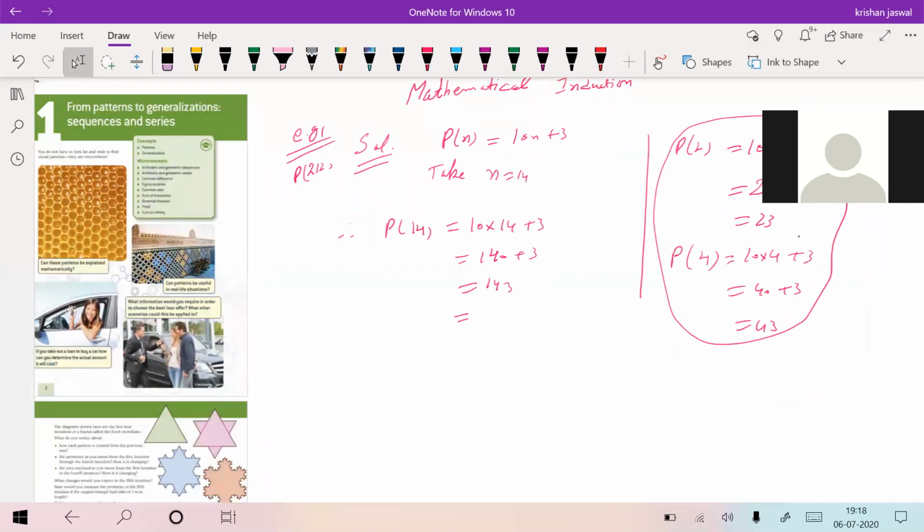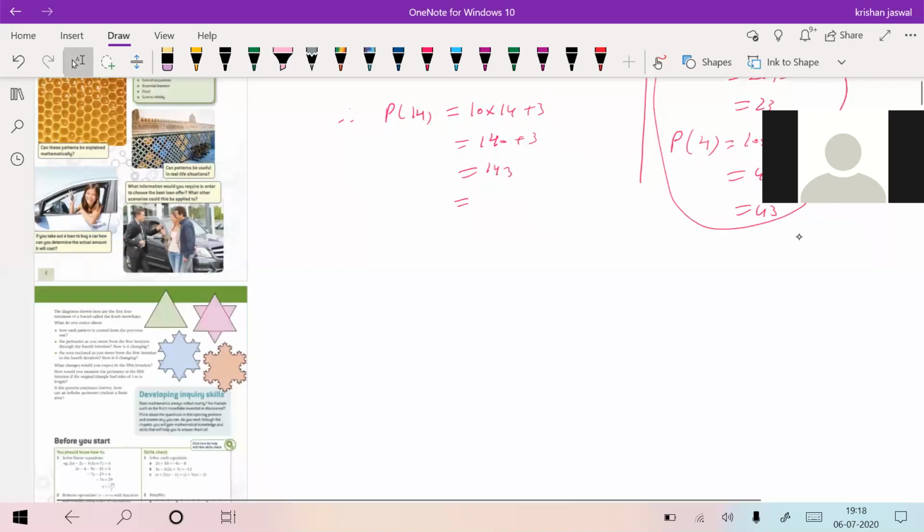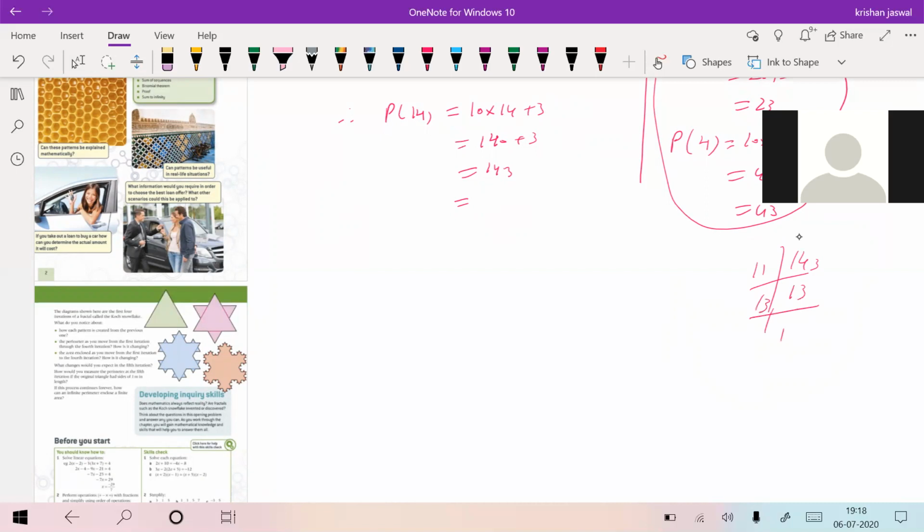Make factors of 143. 11 times 13. So 143 has two factors, which is not a prime number.